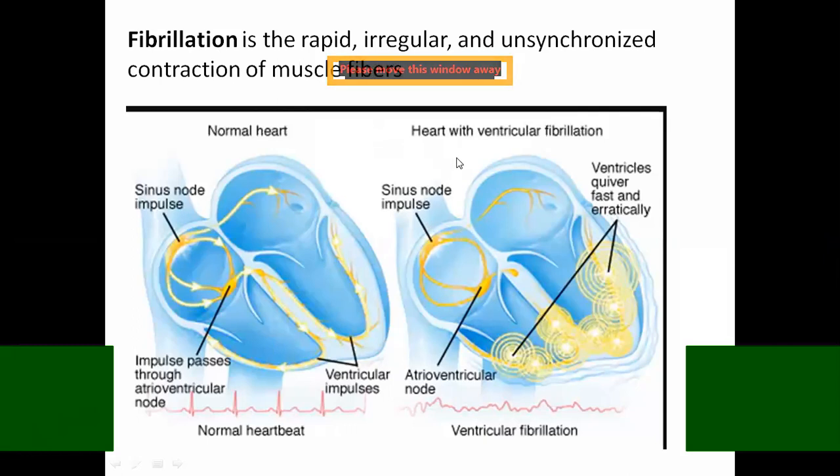Whereas in pacemakers, the pulses generated from the sinoatrial node, that is the sinus node, reach the different chambers of the heart slowly.